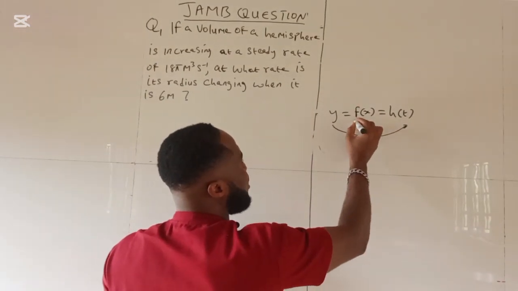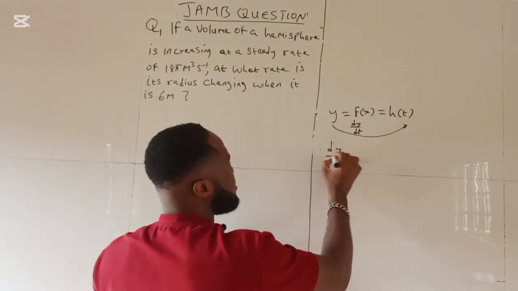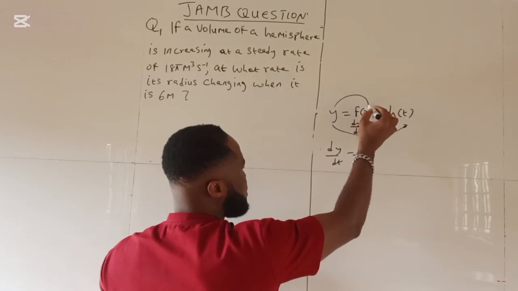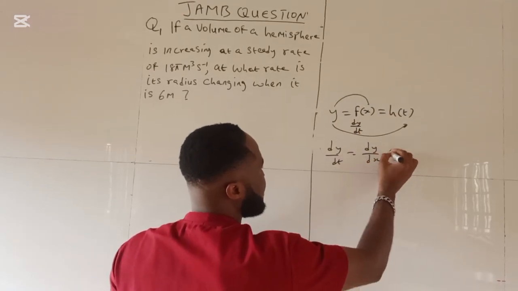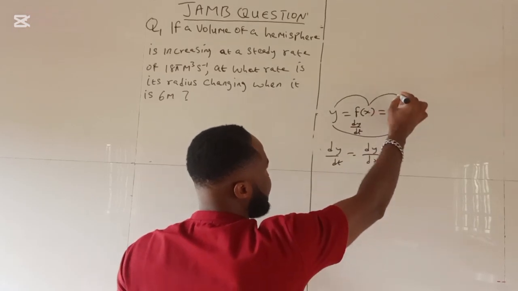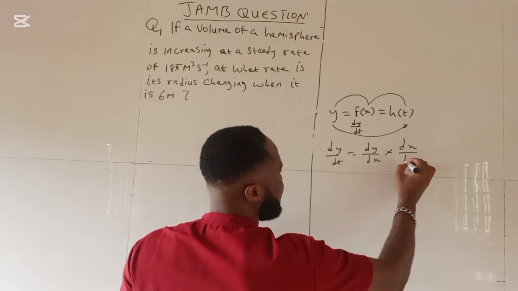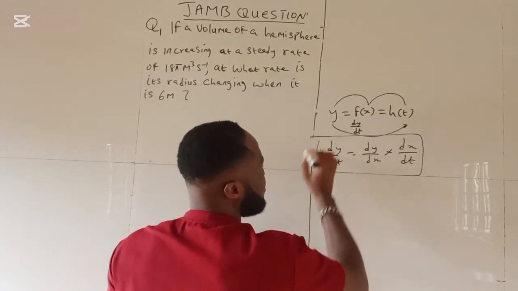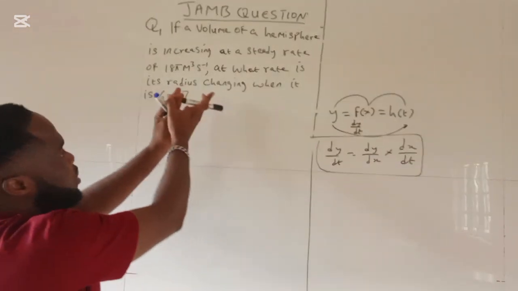We are asked to find dy/dt, which equals the derivative of y with respect to x, dy/dx, multiplied by dx with respect to time, dx/dt. This is what we call the chain rule. So we're going to apply this in order to solve this.